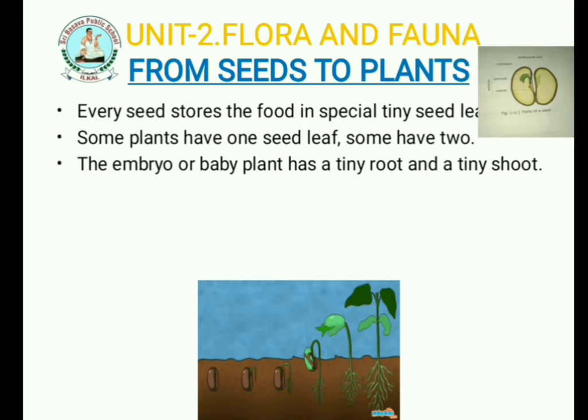The part growing inside the soil is called the root system, and the part growing just above the soil is called the shoot system. These are in the baby plant, the tiny root and the tiny shoot, growing from the embryo which is present in the seed.